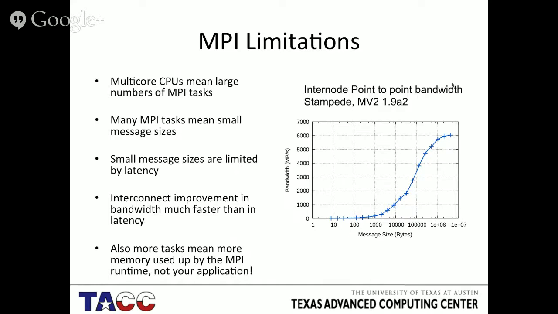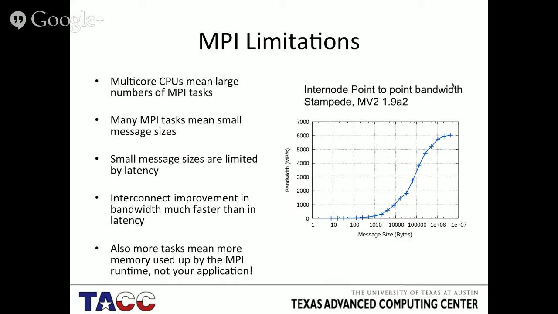If your message size is really large, about a megabyte or more, you get the advertised performance, which is over 6 gigabytes per second. Now, if your message size is really small, in the kilobyte range, which is not uncommon, there are plenty of codes with average message sizes in the 10 kilobyte range, many computational chemistry codes are in that range, then the bandwidth you get is significantly lower. In this case, around 1 gigabyte per second.